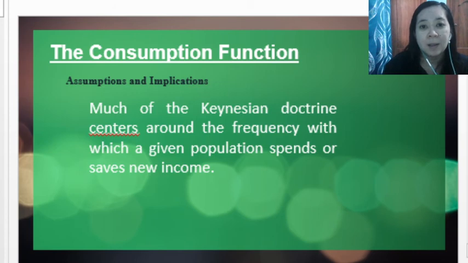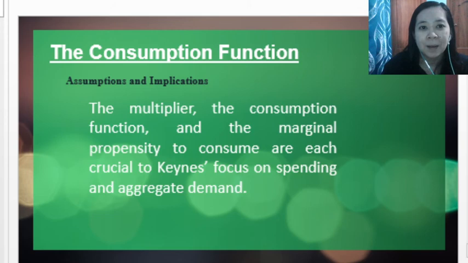So it depends on the behavior of the individual on how they spend their extra money, their raise in pay. Here, the multiplier, the consumption function, and the marginal propensity to consume are each crucial for Keynes' focus on spending and aggregate demand.